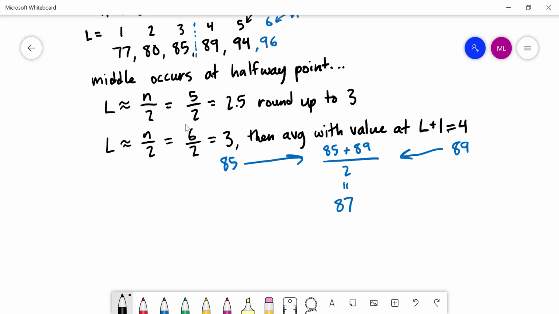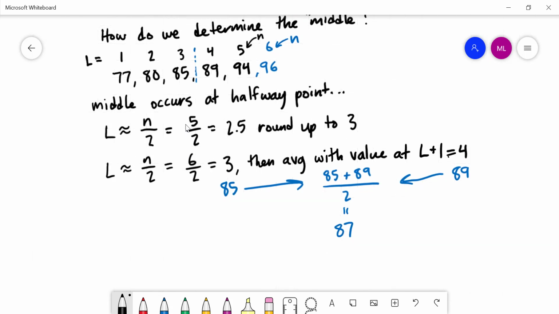So you'll notice we have these two different approaches. This first approach, where we just round up, will work whenever n is odd. If n is odd, we'll always wind up with a decimal here, and we'll always round that decimal up.